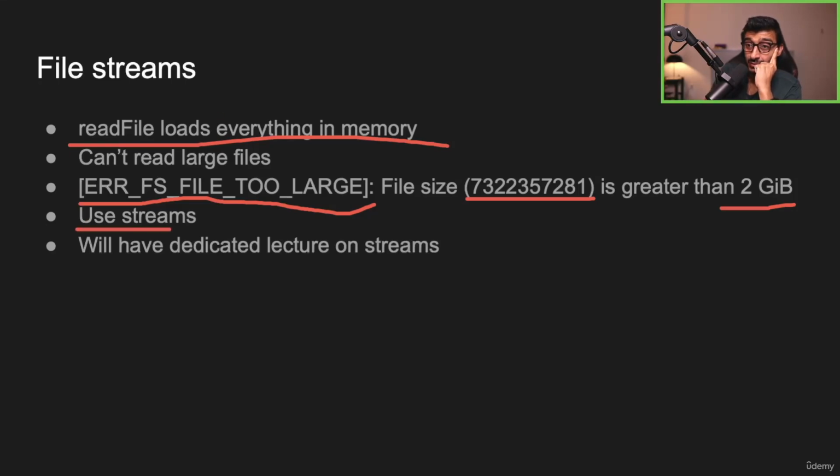In that particular case, you use streams, which we're gonna have a dedicated lecture on. But essentially, streams are very useful to have a dedicated fixed size memory in Node that the source of the file pours in, and then you read from this chunk of memory.